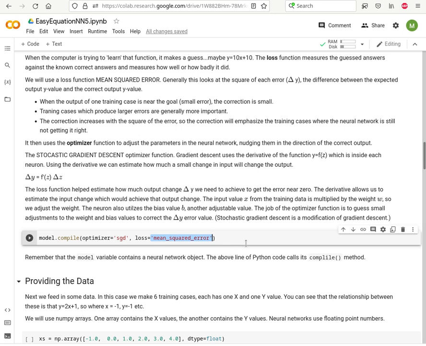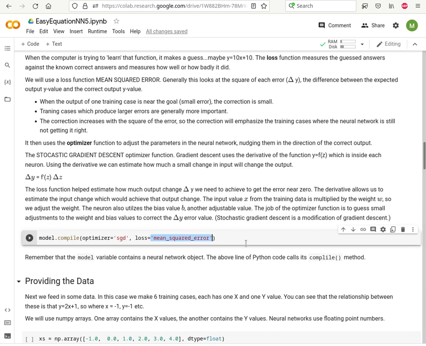We could just take the number coming out of this neuron, compare that to the correct number, and subtract. Or we could have more sophisticated errors, and any of you who have taken statistics or linear modeling recognize the value of mean squared error. You square up all the errors, and then you take the average.